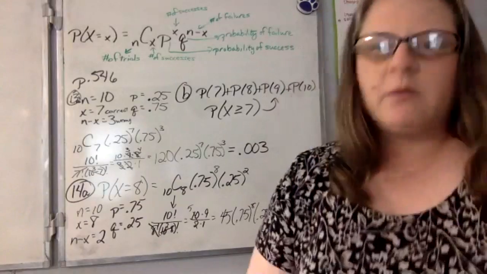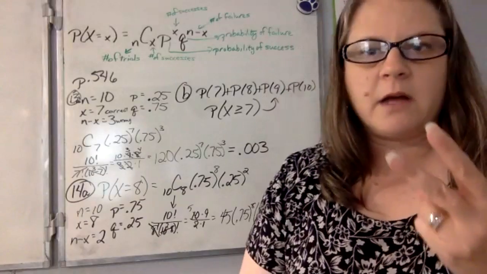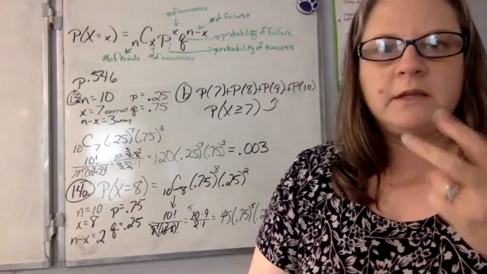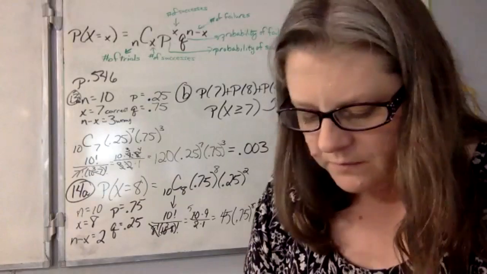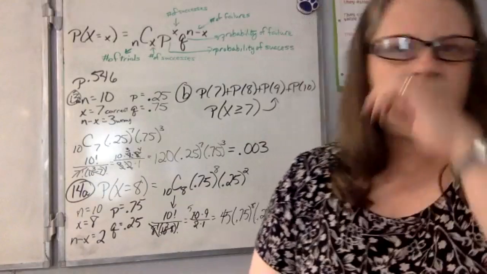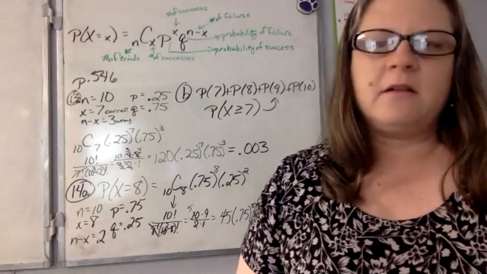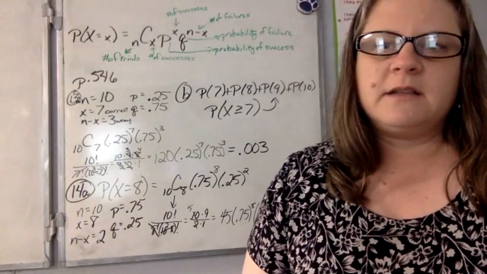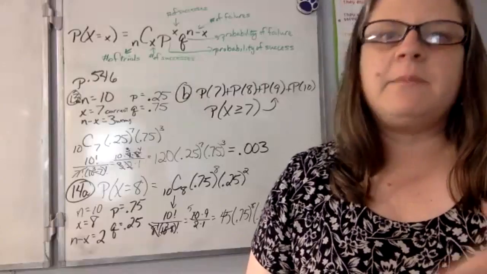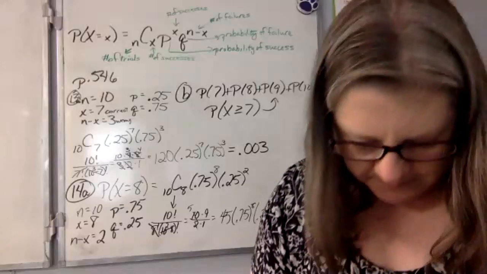To be binomial, remember, it has to have only 2 outcomes for the experiment or the trial. Binomial means 2. Each trial has to be independent. That means if you pull something out and keep it out, is that independent? No, that's dependent. That changes what you can get next time.